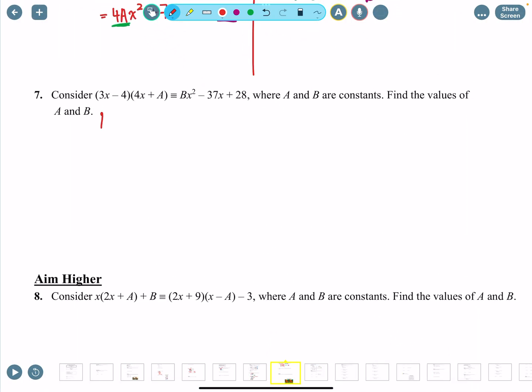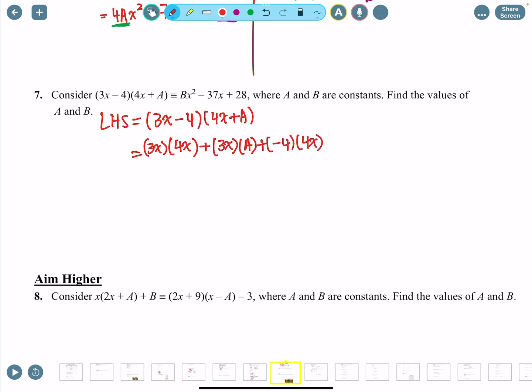Again, left-hand side is 3x minus 4 times 4x plus a. Rainbow method: 3x times 4x plus 3x times a plus negative 4 times 4x plus negative 4 times a.